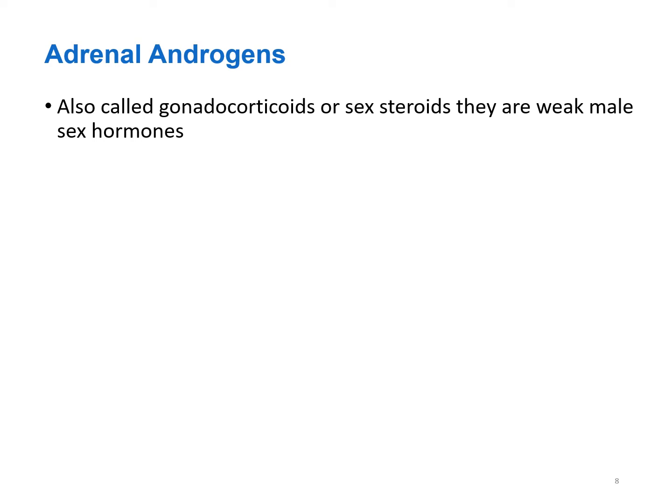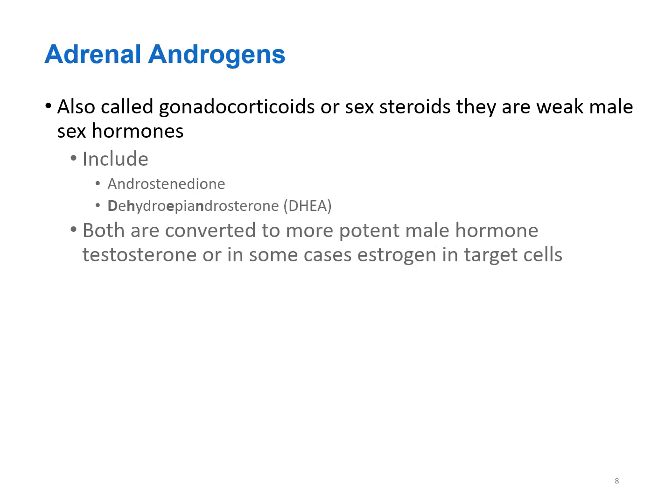Let's discuss the adrenal androgens first. Androgens are male sex hormones, and yes, believe it or not, the adrenal cortex of both males and females produces weak male sex hormones, or gonadocorticoids. Again, they're weak compared to testosterone.